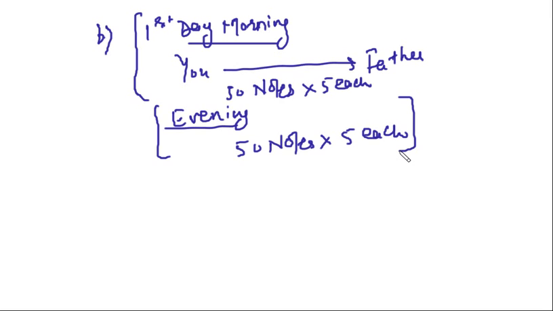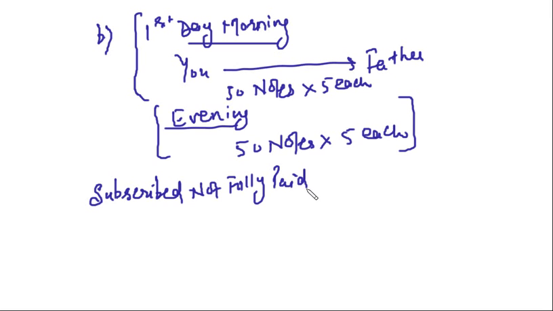Your requirement is rupees 10. Your face value is rupees 10. Your value of one receipt is rupees 10. But what you are asking is rupees 5 only. You are not asking for rupees 10. So this is subscribed capital, subscribed not fully paid, right?